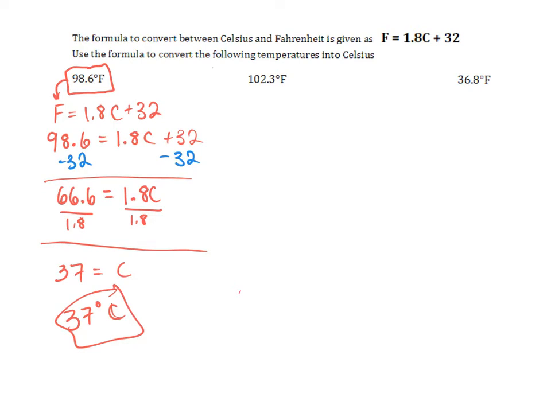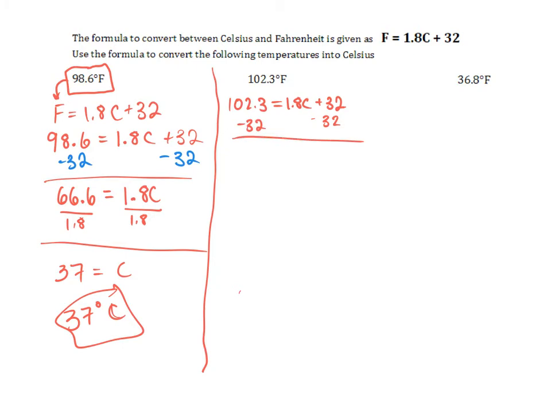We can do the same thing for the next temperature. If you want to pause this video and try it, you can go ahead and do that. I'm going to plug 102.3 in for Fahrenheit. I'm going to repeat those same steps. So I need to subtract 32 from both sides.